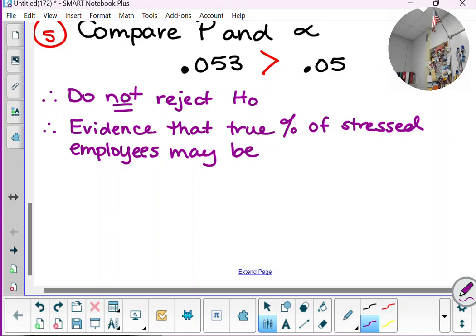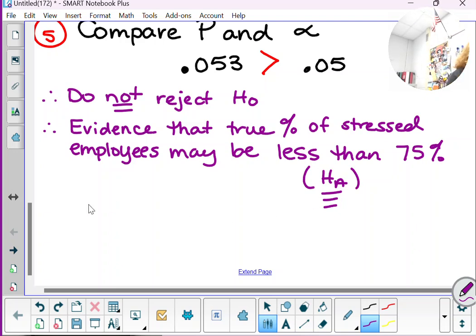Maybe, and here's careful, it's not that we proved it's 68. It may be less than 75%. It's what HA says. HA doesn't say that the percentage is any certain value. H sub A just says, I think it's less.